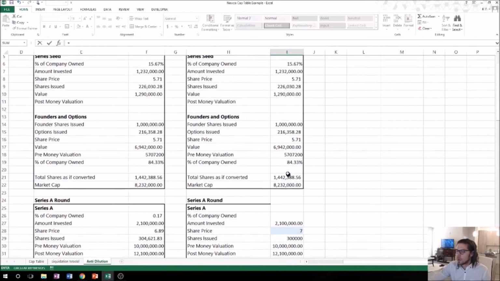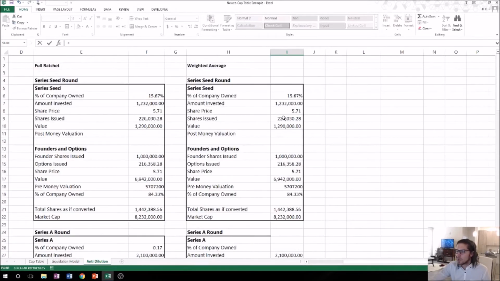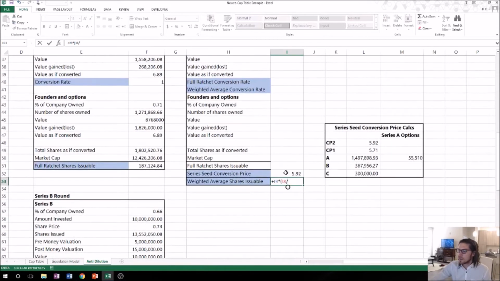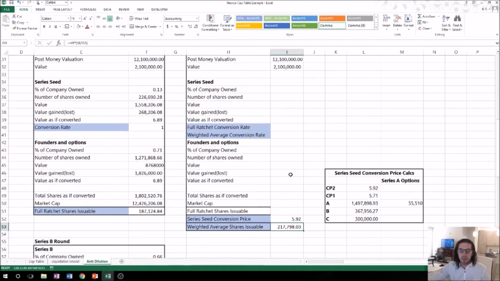So we're going to do shares issued times the share price divided by the Series Seed conversion price. That's the main difference there. And that's still less than what was issued to the Series Seed because we're not having a down round once again. But these will work whenever we do have a down round.